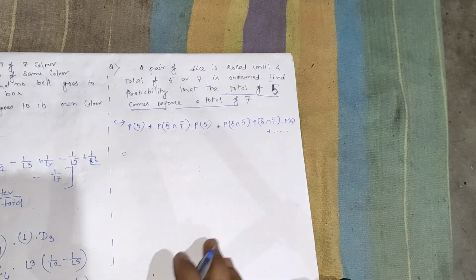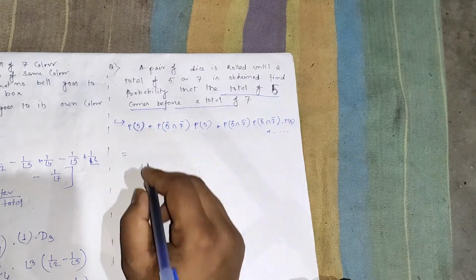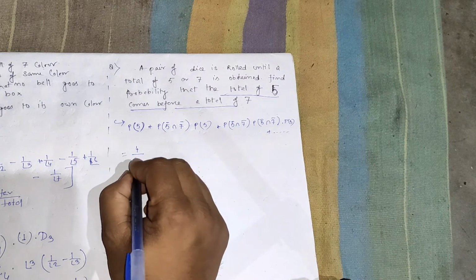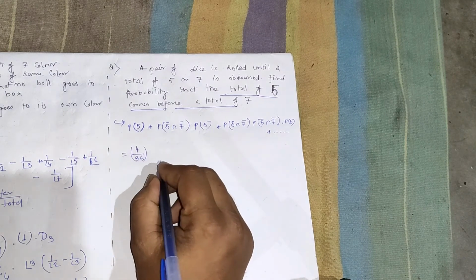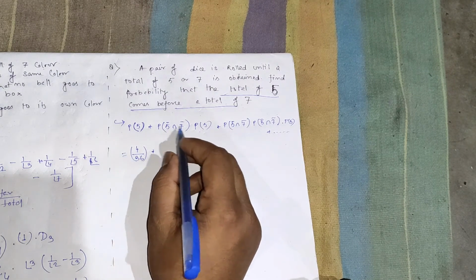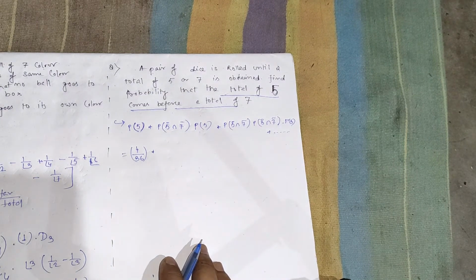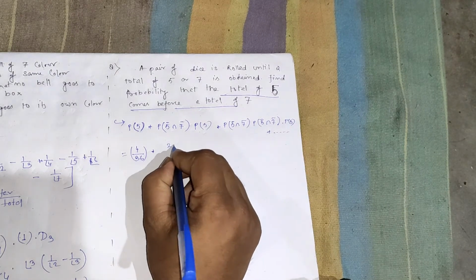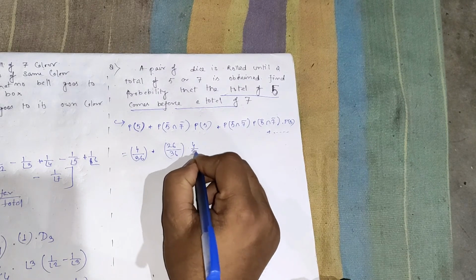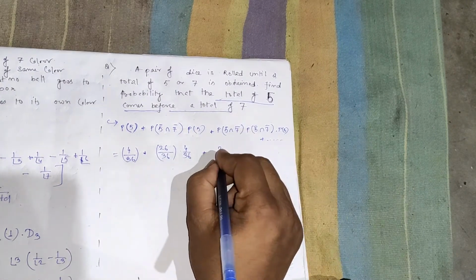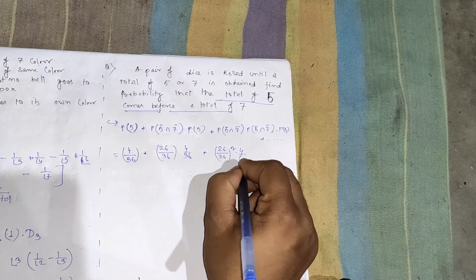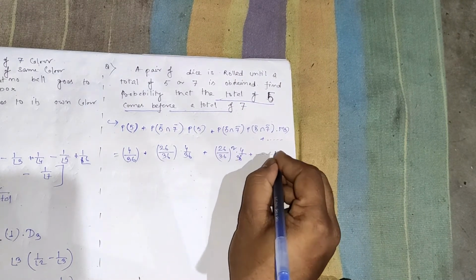The probability that 5 comes is 4 divided by 36, plus the probability that both 5 and 7 do not come, which is 26 upon 36 multiplied by 4 divided by 36, plus this is 26 by 36 whole square multiplied by 4 by 36, and this process continues.